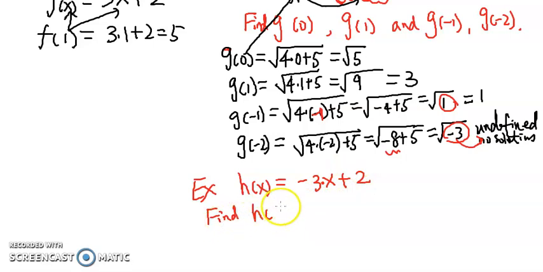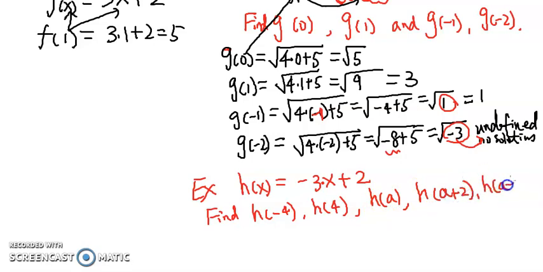Okay, so let's see. We want to find, for example, h of -4, and then h of 4. And next we want to do h of a, what if it's a variable or a letter? So h of a plus 2, and h of a plus h. Oh, well, I guess I already used h to represent the function.